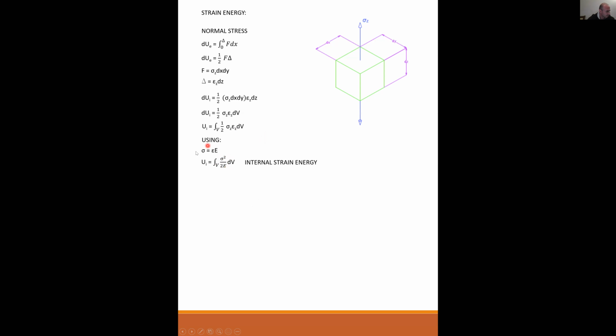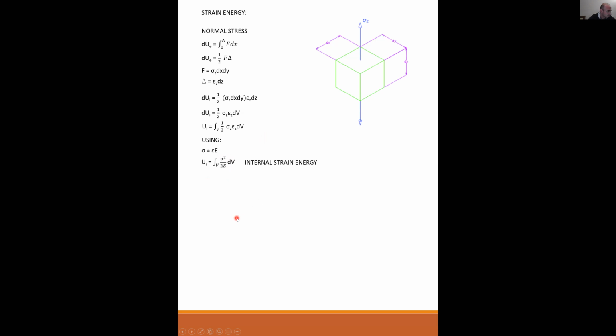This is your internal strain energy. Let me go back. Yeah, write this one down. This is an equation that we're going to be working from for the other specific applications of this. But the general form: internal strain energy is equal to the integral of sigma squared over 2E times the differential volume.